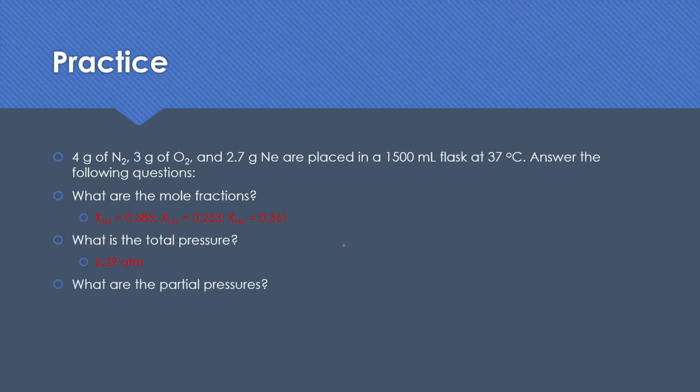Final question, what are the partial pressures? Again, partial pressure of N2 is going to be equal to 6.29 atmospheres times 0.385. Partial pressure of O2 is going to be 6.29 atmospheres times 0.253.